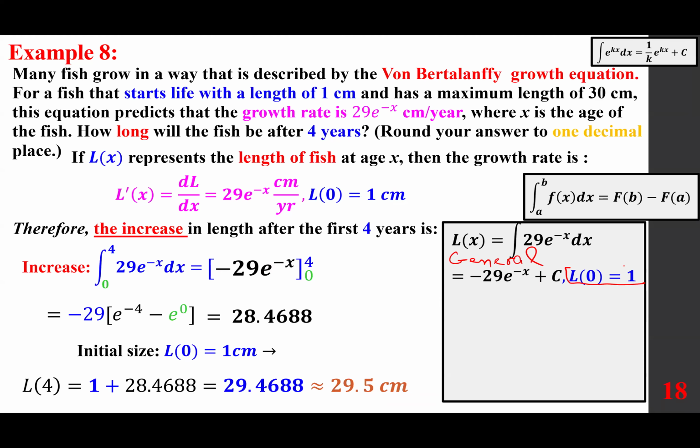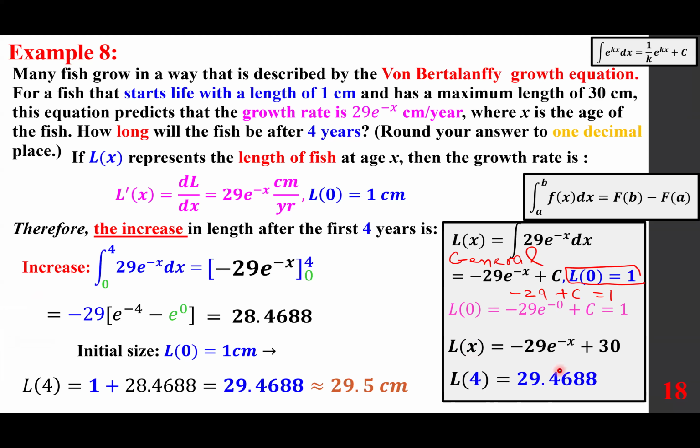And this will help us find one of those. So plug in. And C becomes 30. Now we want what? L of 4. If I plug in 4, I get exactly the same answer.